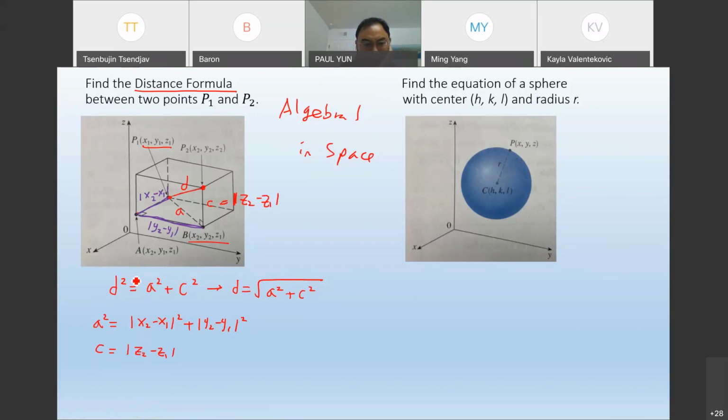So here, basically, what is D? What is D square? Can you write it down?